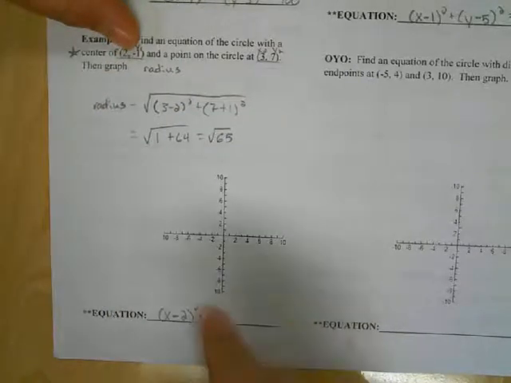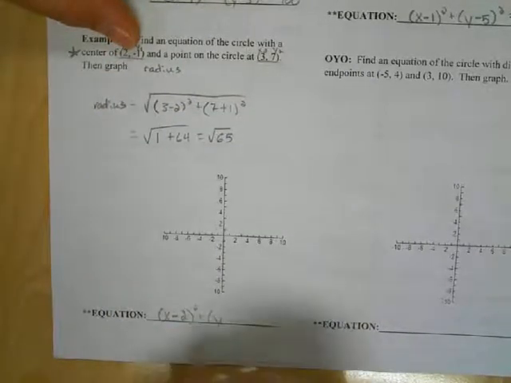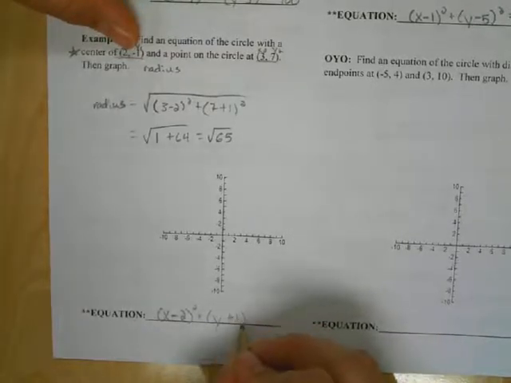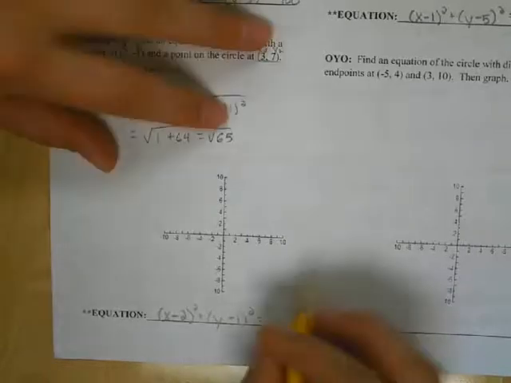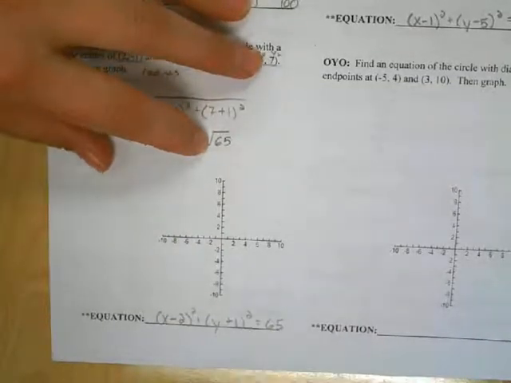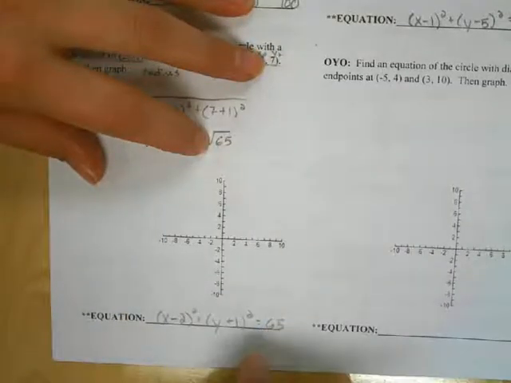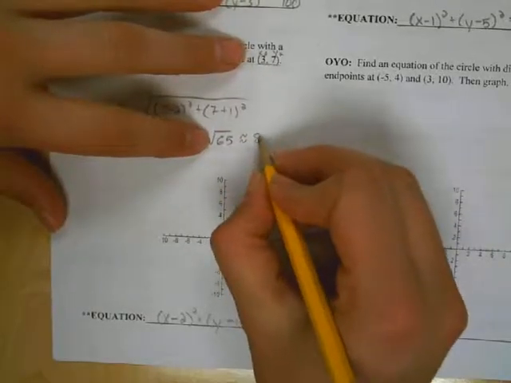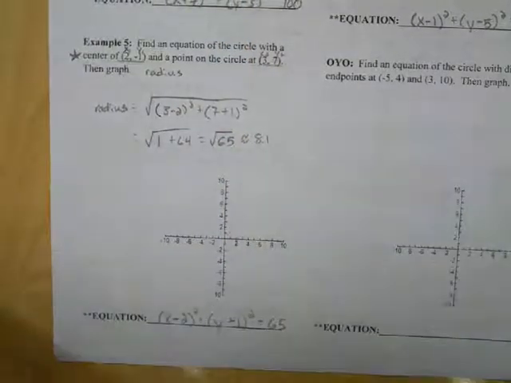Make sure one of these is x and one's y, a lot of people mix that up. That is equal to the square root of 65 squared, which is 65. You have to square it to put it in, square root it to take it out. Alright, so that is approximately 8.1, I believe.